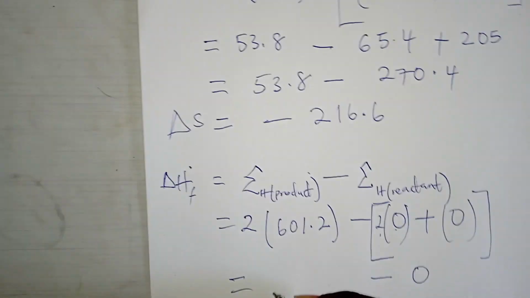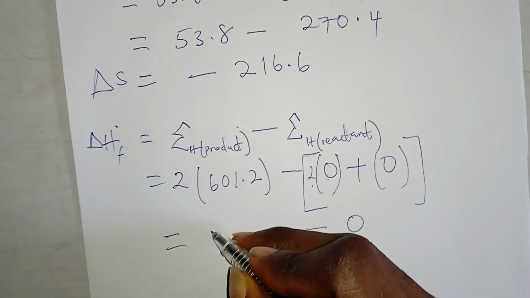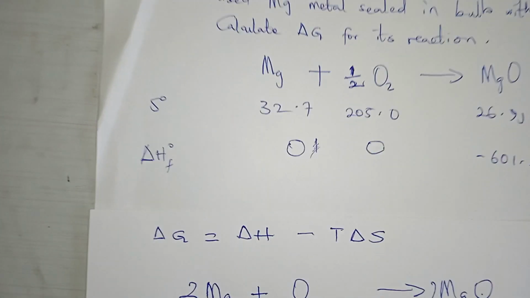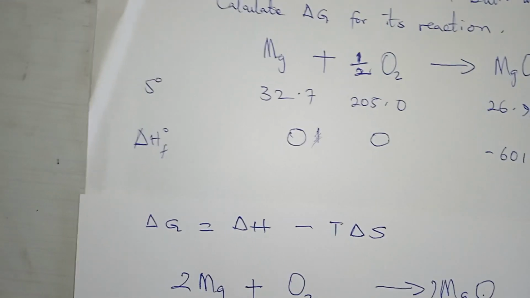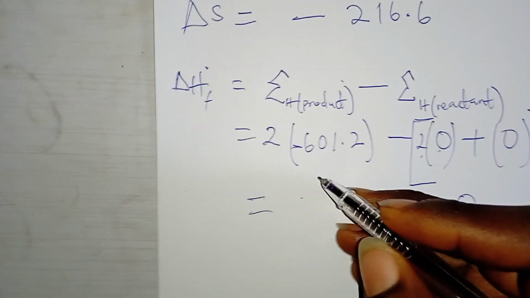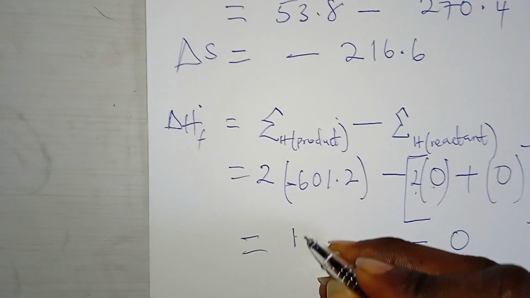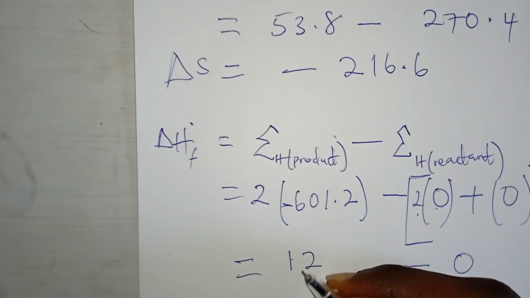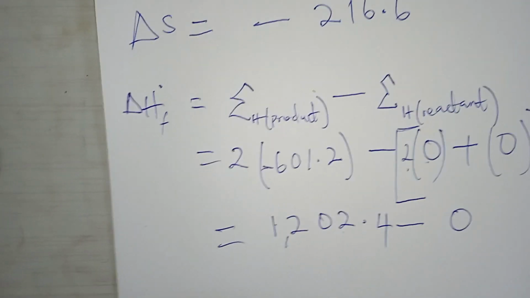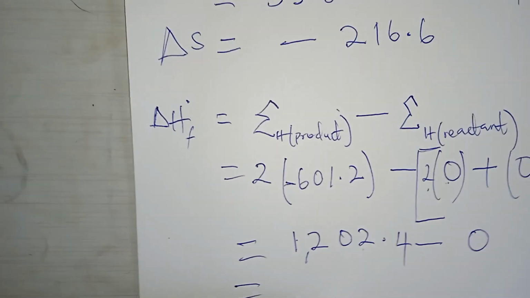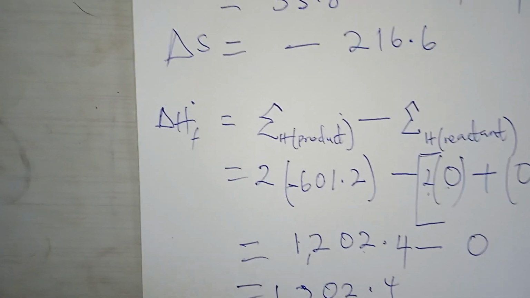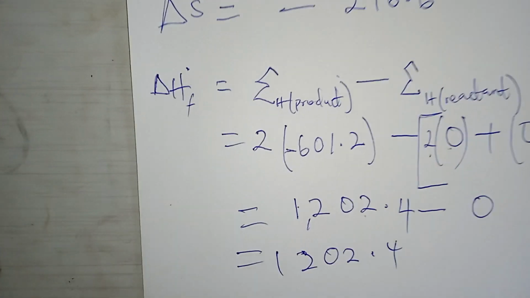Then when you multiply 2 times negative 601.2, 2 times negative 601, it will give me a positive value of 1202.4 minus 0. So it still gives me 1202.4. So this is what I have.